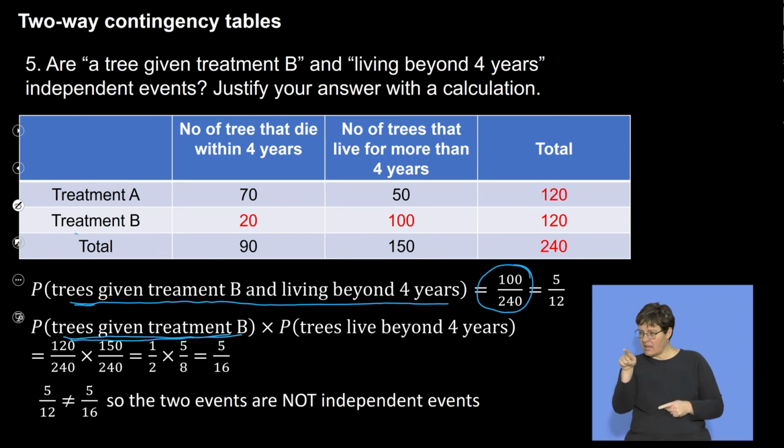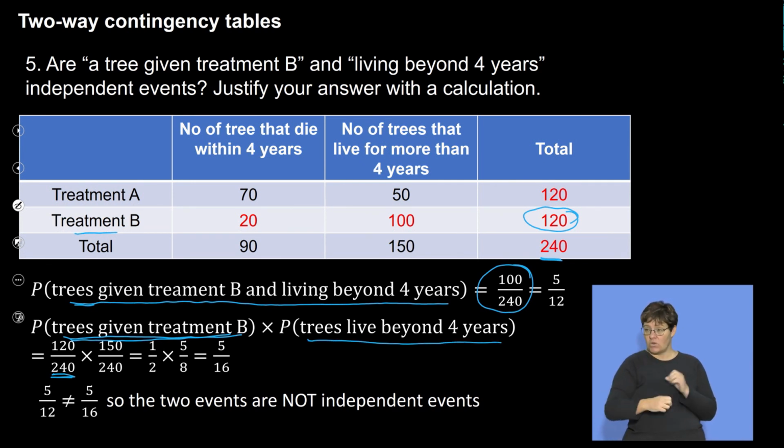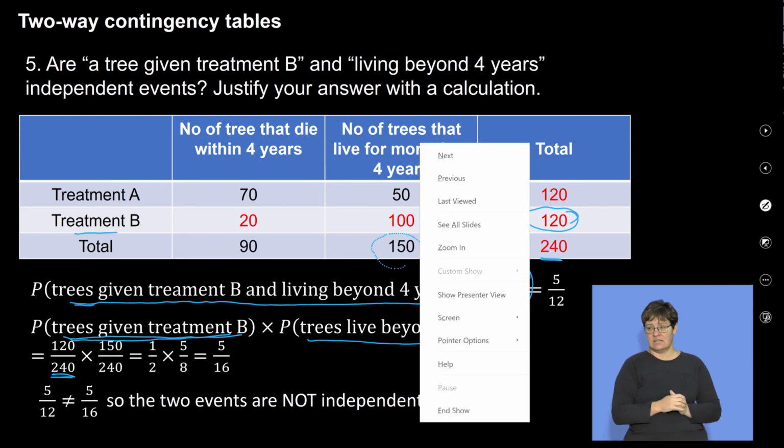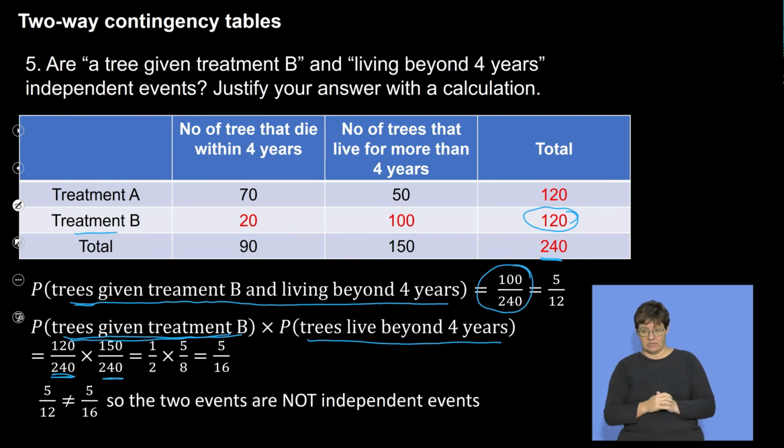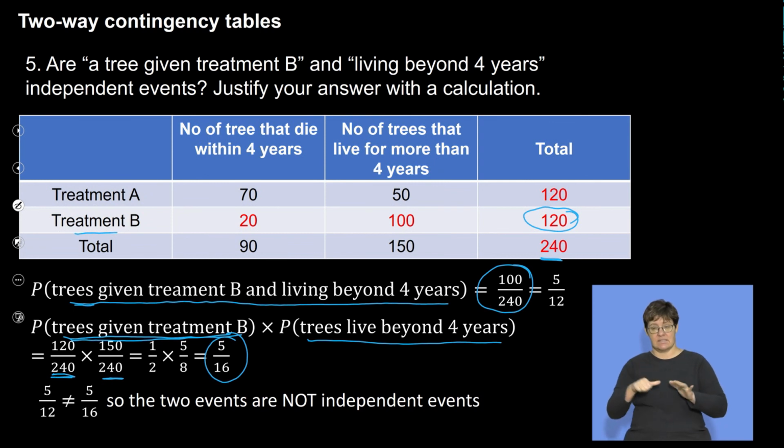There's treatment B there, which is 120 over 240. A tree lives beyond 4 years: it's 150 over 240 altogether. And we multiply this, we get 5 over 16.